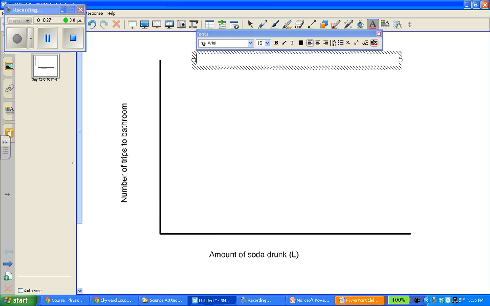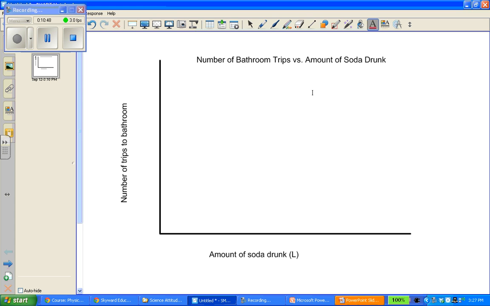Since we're measuring number of trips to the bathroom, depending on the amount of soda drunk, I'd probably just put something to that effect. Number of bathroom trips versus amount of soda drunk. Tells us what our graph is showing, tells us what our experiment had.